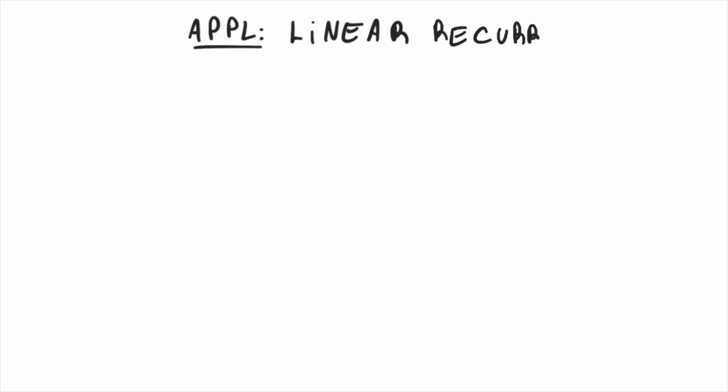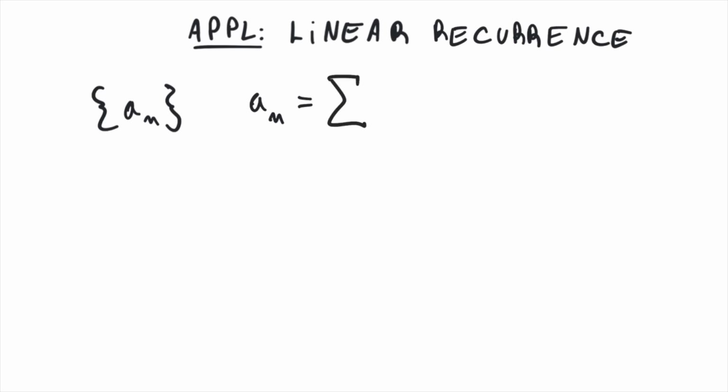The next application I want to talk about is linear recurrences. So how can we use matrices to represent and solve linear recurrence relations? So a linear recurrence of order K defines a sequence an such that an is the sum of previous terms, let's say a(n-k), for k from 1 to large K, times some coefficients.